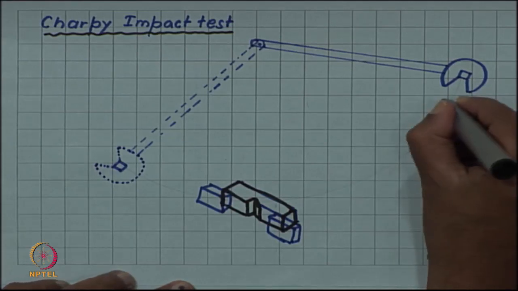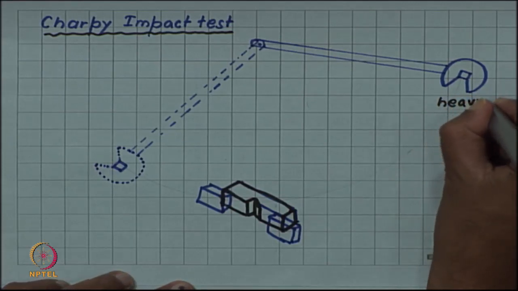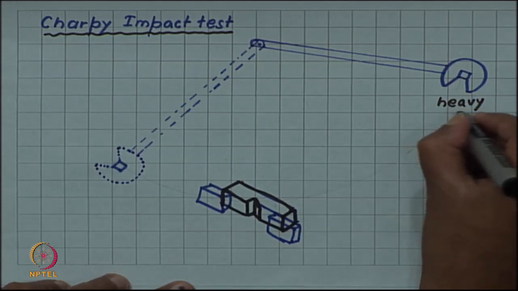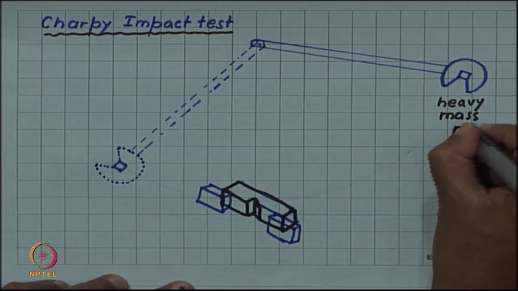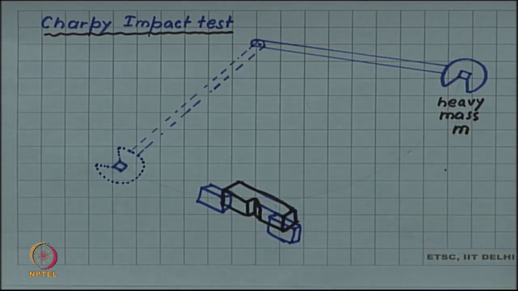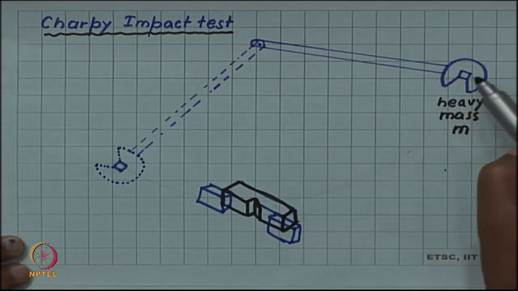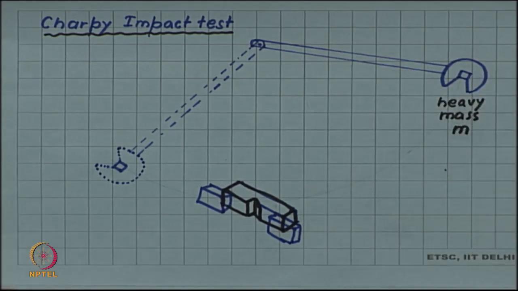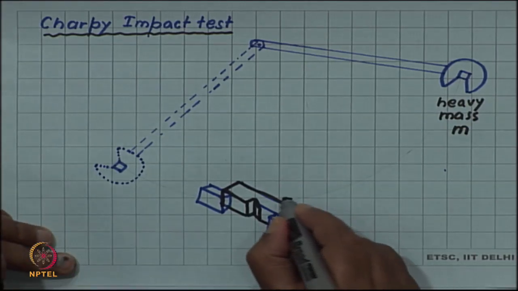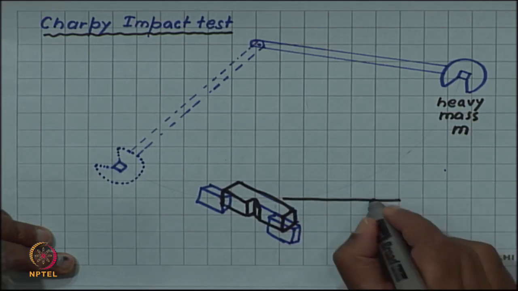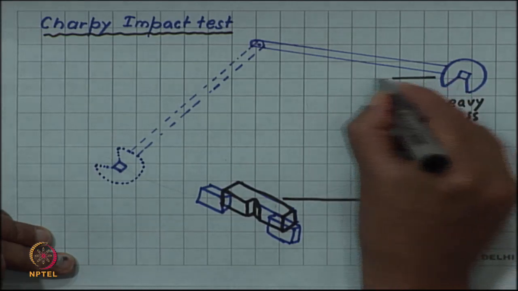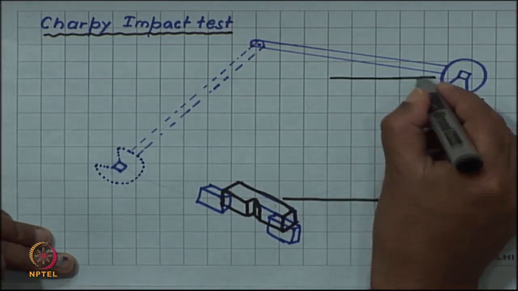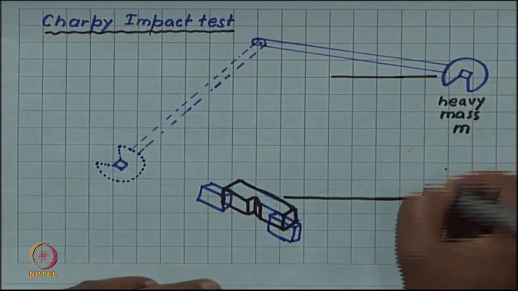So, this is a heavy mass. If this pendulum is released from a high height, let us say this is the level of the sample and this is the level of the pendulum.